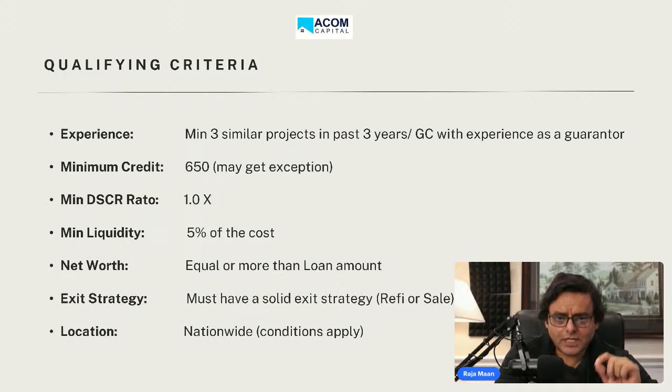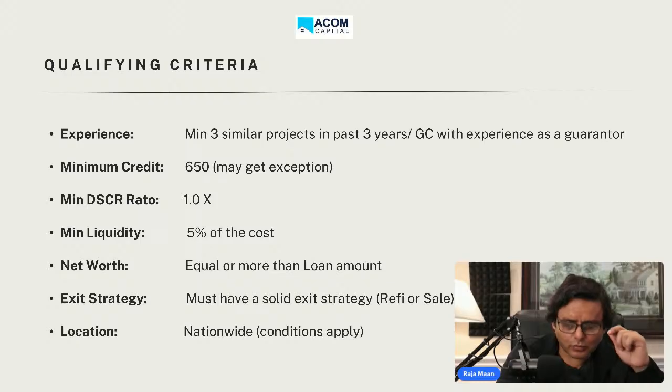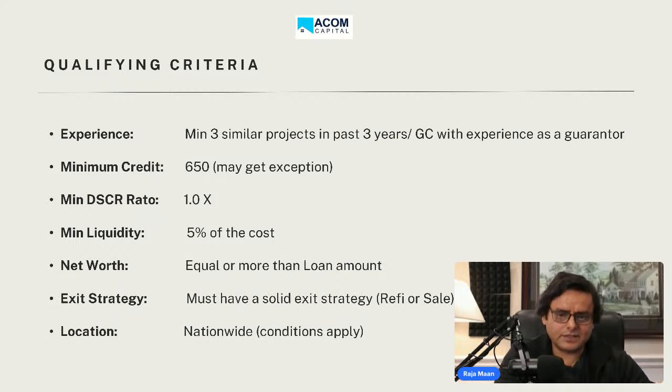For SBA, USDA, or other conventional loans, you don't have to have the exact amount of money as compared to the loan amount. It can be less than that. As long as you have strong credit, experience, exit strategy, and the debt to income ratio is good and aligned, the net worth can be ignored.